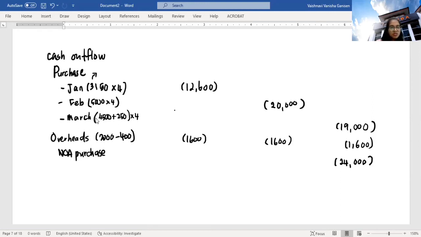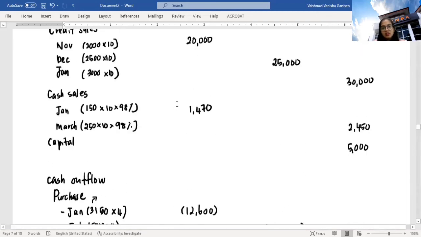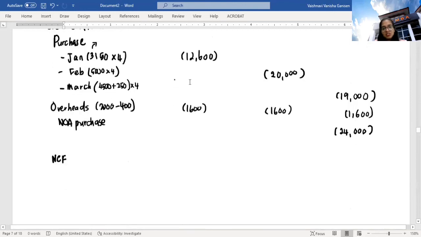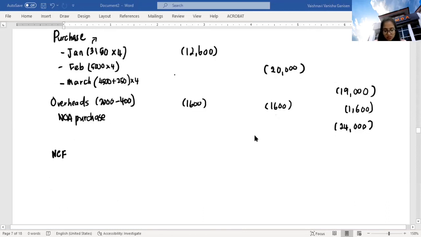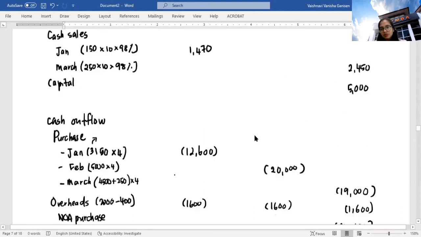Now, what I want you to do is find the net cash flow. That means total inflow minus total outflow. I'm going to do it together with you as well. So 21,470 minus 12,600 minus 1,600 is 7,270.